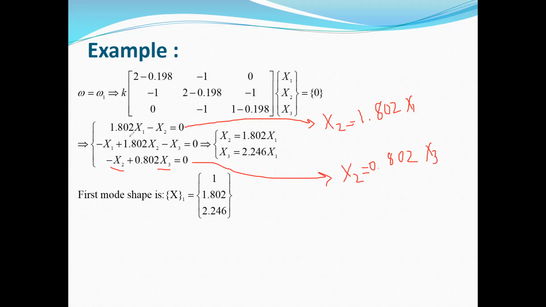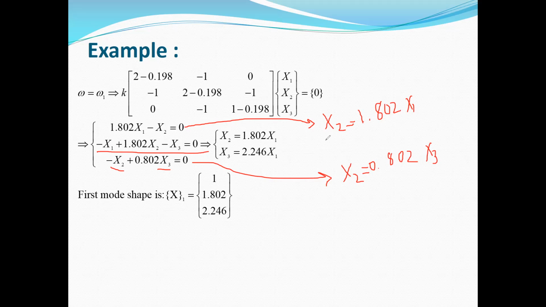So if you substitute in the second equation x2 divided by 1.802 for x1, and x2 divided by 0.802 for x3, and simplify, you will see that the second equation is equal to 0, and you will not have another extra equation. So you can only obtain a relation between x1, x2, and x3.